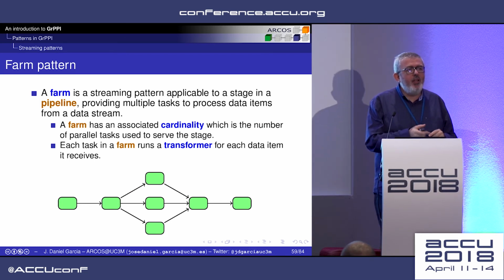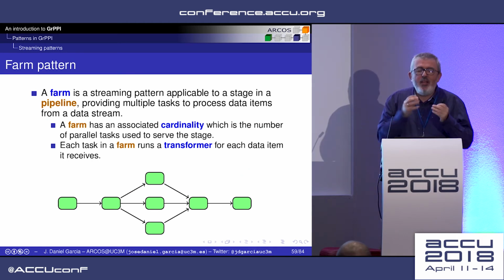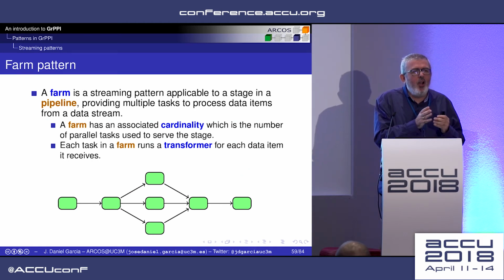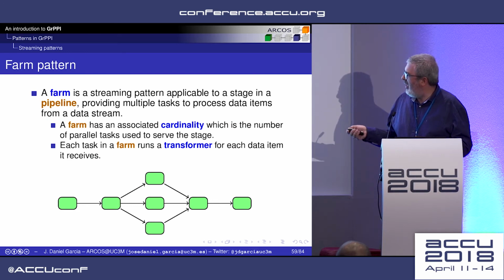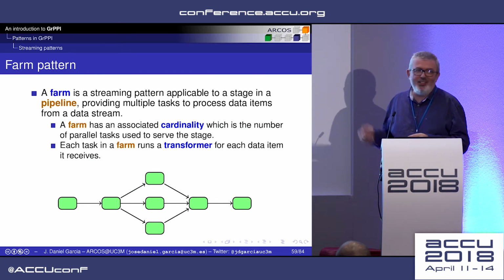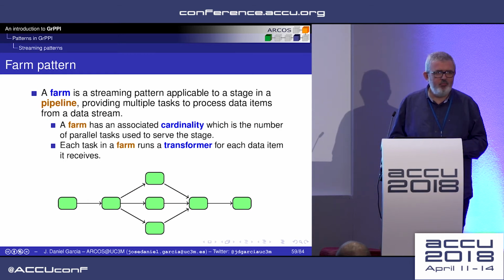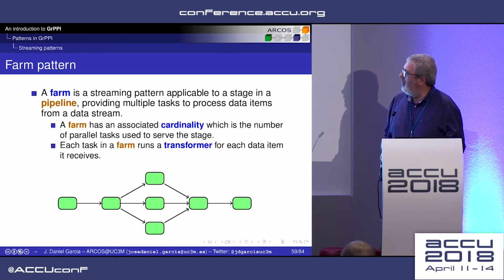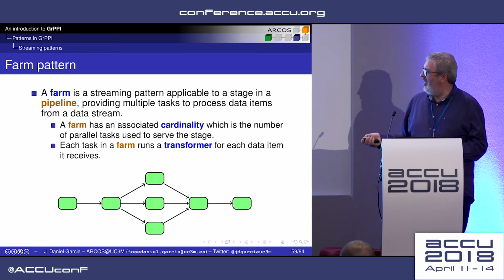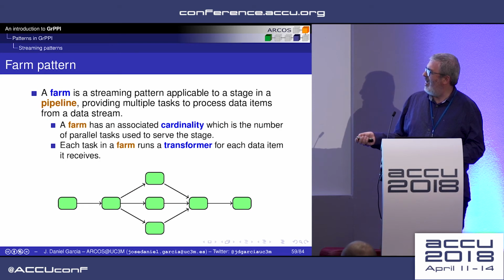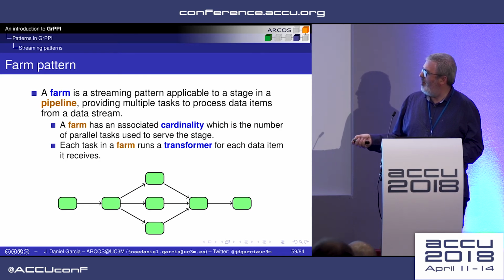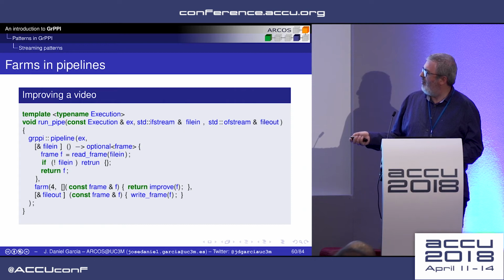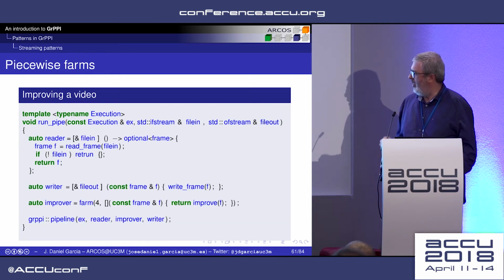In fact, even if you say ordered, we do it in a way that we just reorder at the end of the pipeline, so that in the middle we can go as fast as we can. So this was a farm. And this was a farm in a different way. I just can say, okay, I have my improver, which is not a lambda, but a farmed lambda. And it will work.